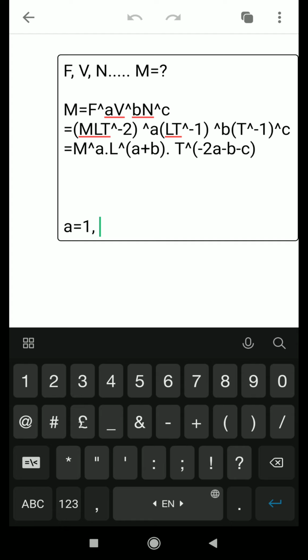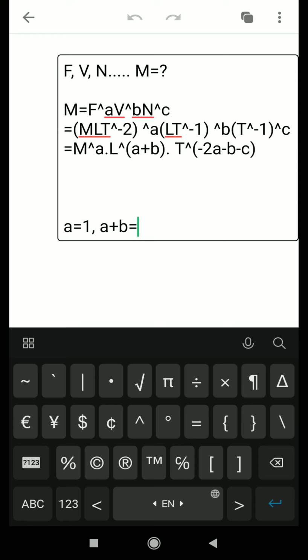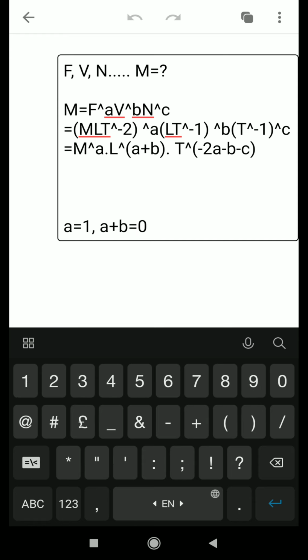Next, the power of L at the right side is a plus b, and at the left side is 0, so a plus b equal to 0.